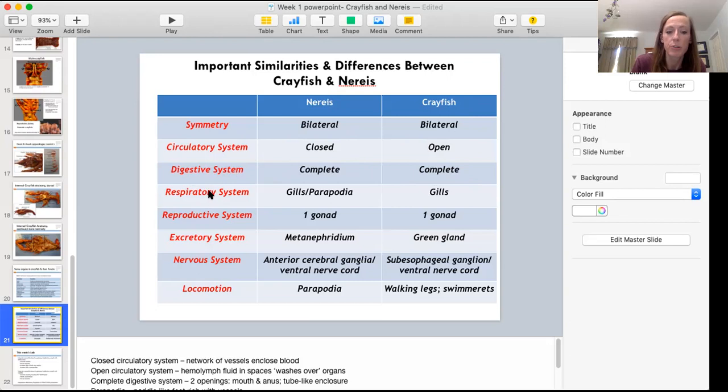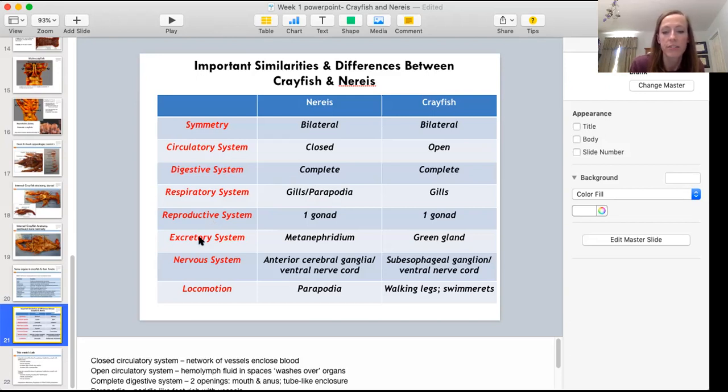And then the respiratory system for the crayfish, there are gills, which you will see very obviously when you remove the appendages. A lot of those leg parts will have gills attached, and those will pull out with the appendage. And then for the Nereis, their parapodia function as the increased surface area or gills. Reproductively, they each have one gonad.